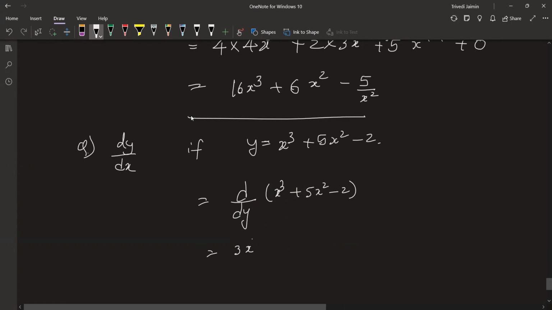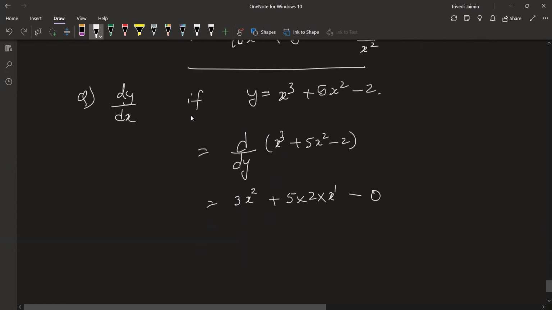And 3 minus 1 is 2. Plus 2 will be outside. 5 is constant into 2 front into x to power 2 minus 1 is 1. Minus constant 0. So your final answer is 3x square plus 10x.